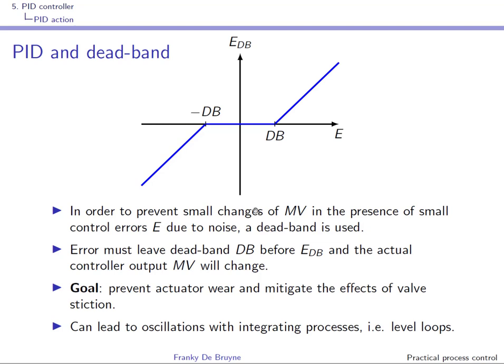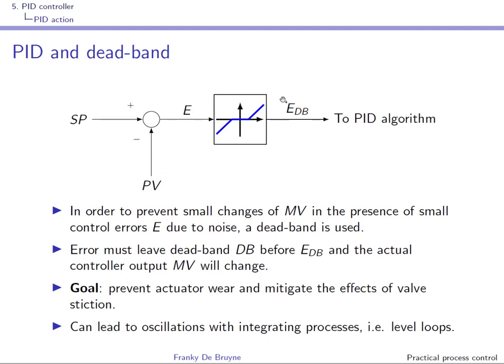So what you can then use is a deadband, and this is a nonlinearity that we have considered in the section on process behavior. So this deadband will be located in the controller just after the computation of the control error, right? And what the PID algorithm will see is the error after the deadband, right?